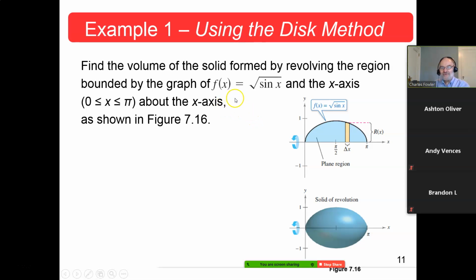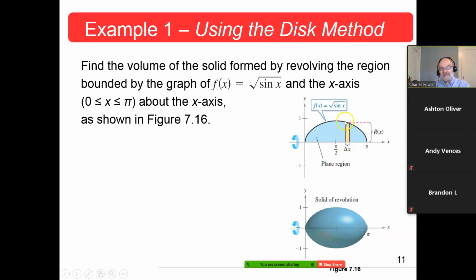They don't tell you, but it says about the x-axis. So our radius is only going to be the f value, because the axis of revolution is y equals 0. So you're going from y equals square root of sine x, that's the upper part, to y equals 0 down here.